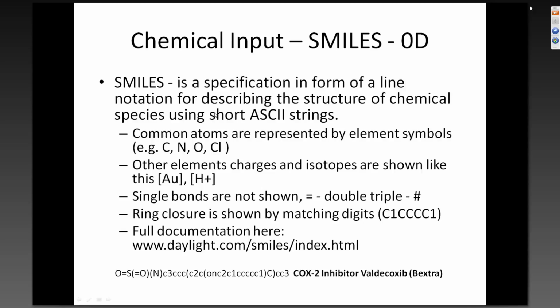And it's a notation for describing the structure of chemicals using short ASCII strings. So common atoms are represented by elements, which is quite straightforward. Other element charges and isotopes are shown in square brackets like this. Single bonds aren't shown, but double bonds are represented by equals, and a triple is a hash. And ring closure is shown by matching digits here. And you can read the full documentation from the Daylight website.